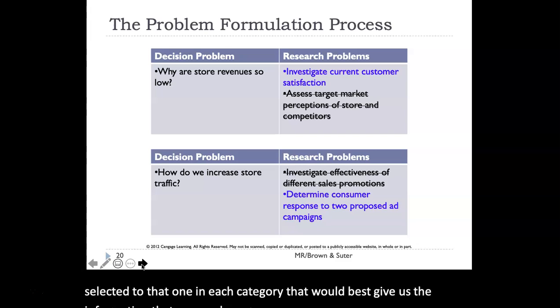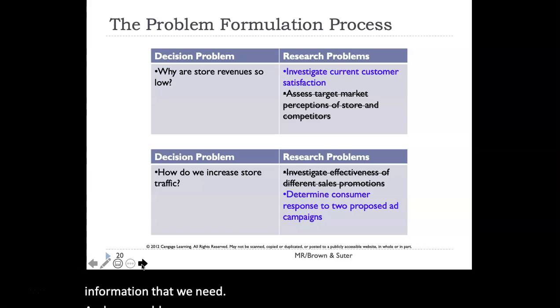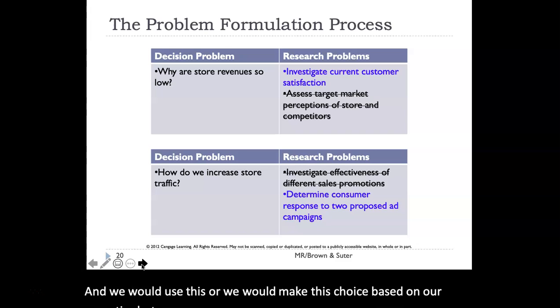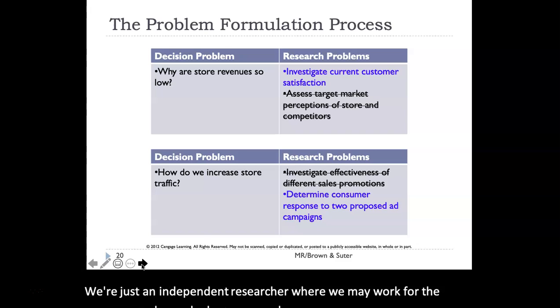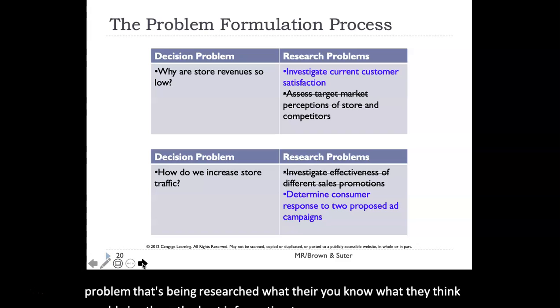And we would make this choice based on our expertise, but also with input from the manager. Keep in mind, we may not even work for the company. We're just an independent researcher. Or we may work for the company, and we ask managers who are involved directly with the problem that's being researched what they think would give them the best information to make the decisions that they need to make.